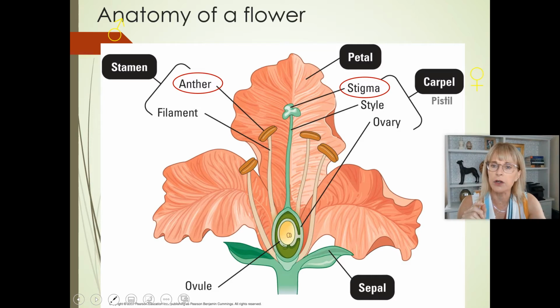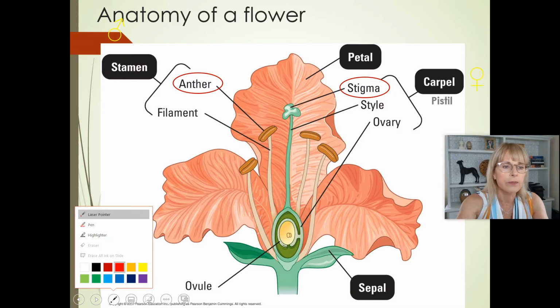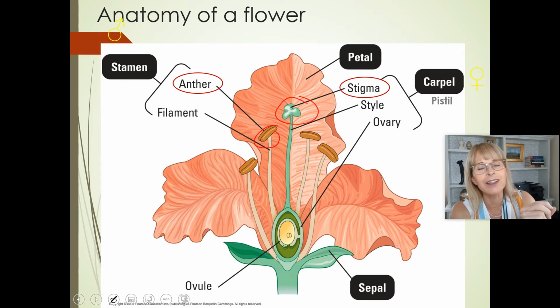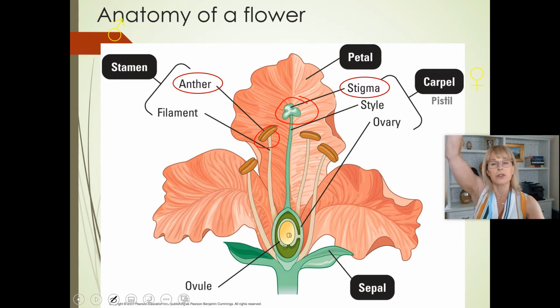One of the things I'd like you to notice, because it's going to be on a quiz, is that in general, the anthers are lower than the stigma. And it is for the same reason that the gymnosperms put the female cones above the male cones. It's because just like those guys, we would really prefer not to pollinate ourselves.